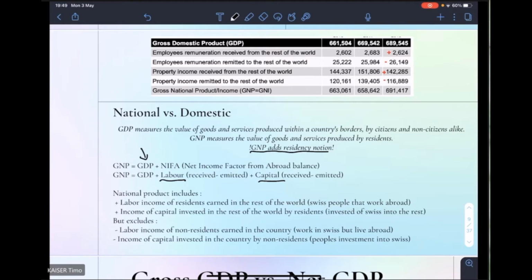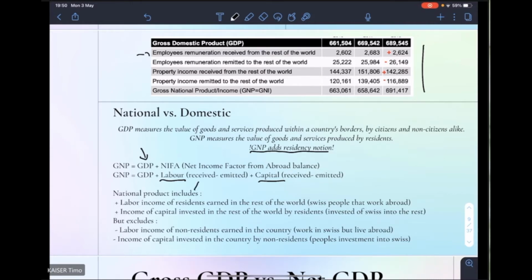The labor balance is actually just the labor income that we receive minus the labor income that is emitted to the outside, to a foreign country. The same also is for capital balance, what we receive, what is emitted. Here in this table, you have some numerical numbers, so employer remuneration received from the rest of the world.